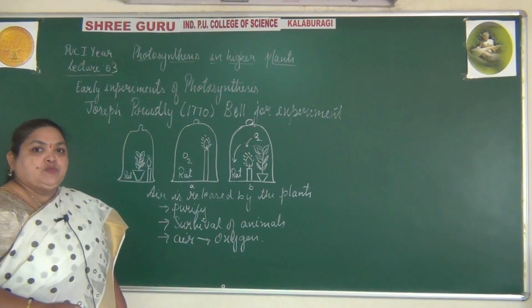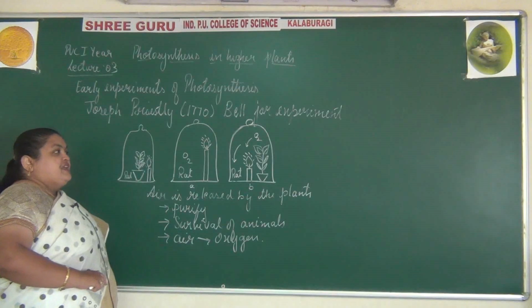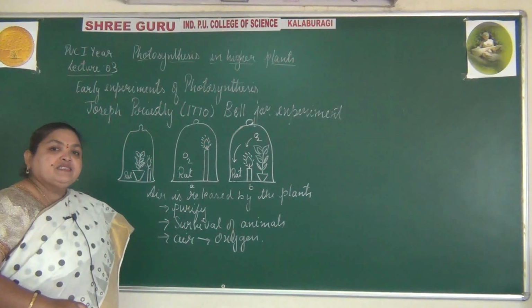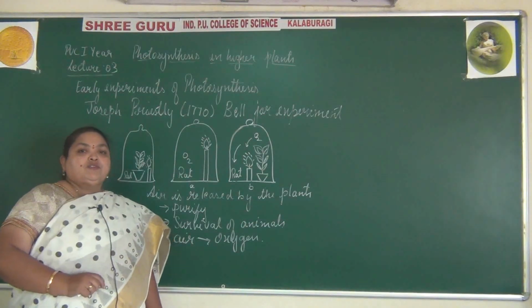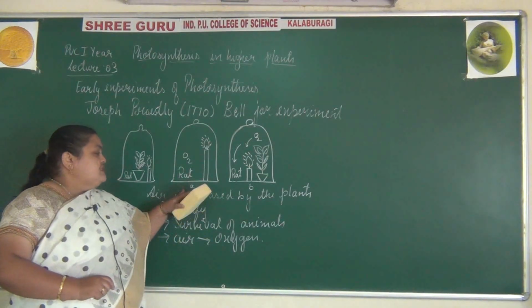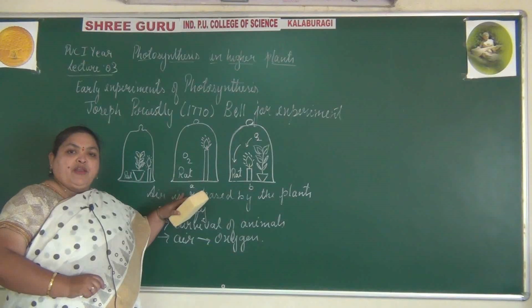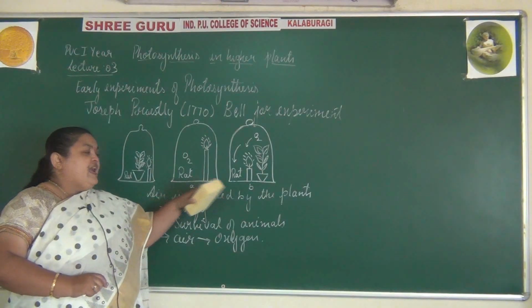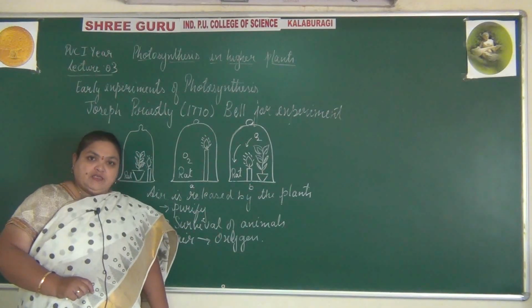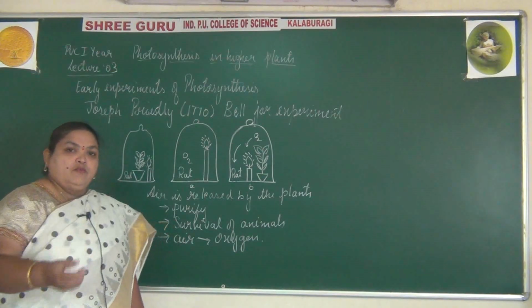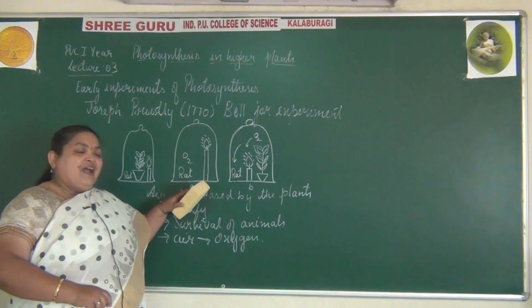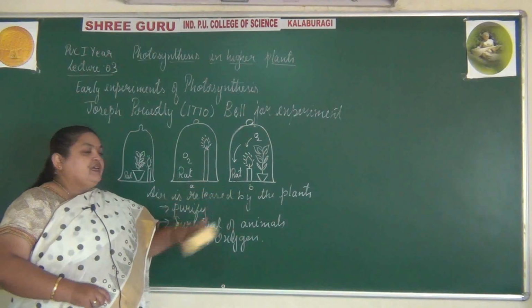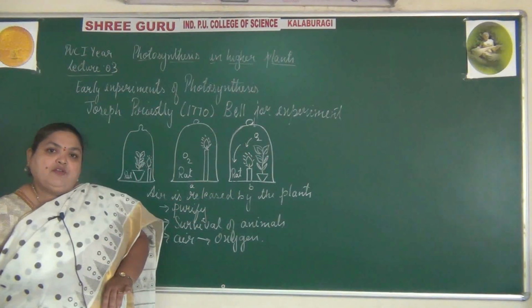I will repeat the experiment once again. He made a simple setup to understand the importance of photosynthesis, or the importance of plants. In the first setup, only two components, the rat and the candle, were placed. After a few minutes of observation, he observed that the rat died and even the candle went off.